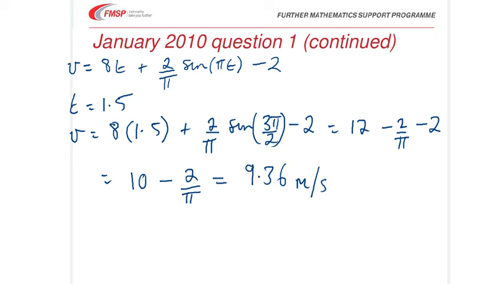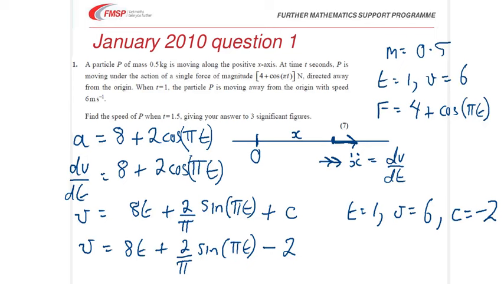Now just one point with this question. Let's go back to the first part of it. We could have done this using an equivalent method that looks slightly different. We could have used the idea of impulse of a variable force and done it as the integral of F dt. That's the impulse of a variable force is the change in momentum.